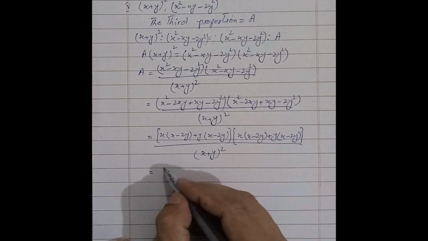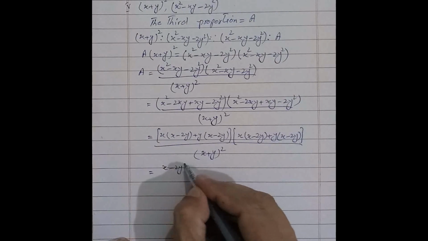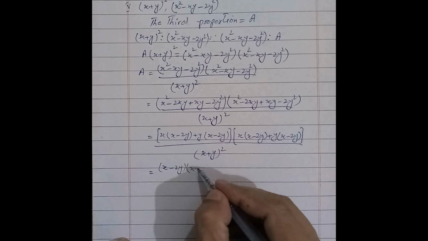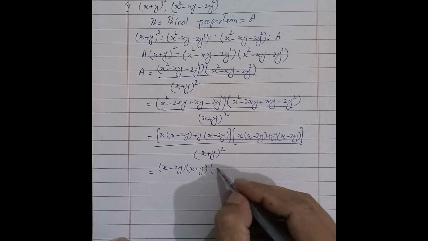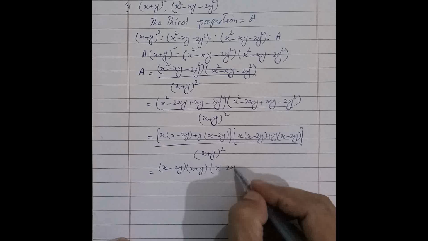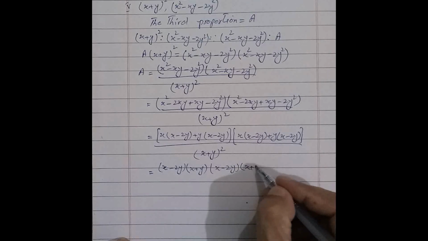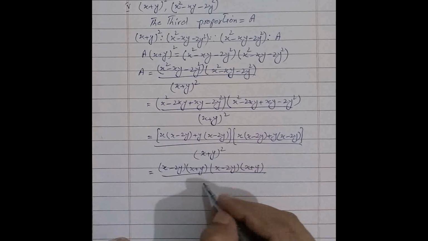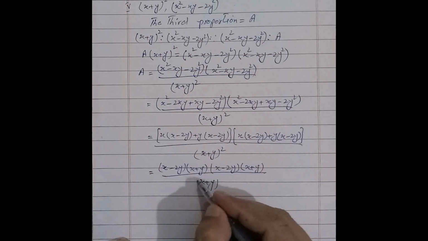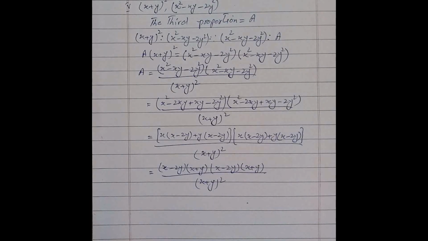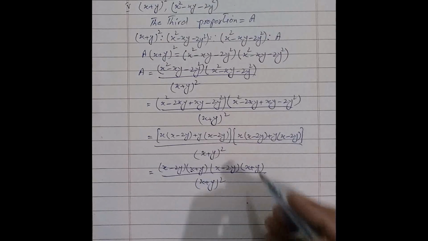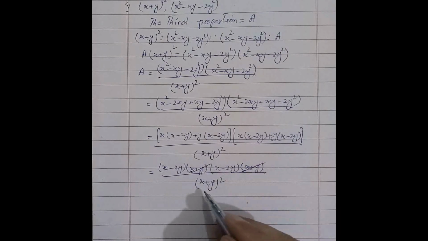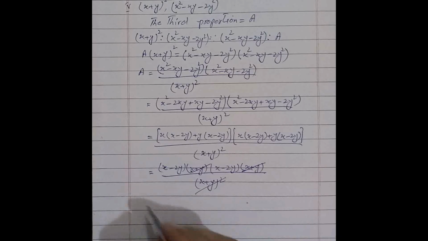Further, by simplifying these values we get (x − 2y) into (x + y), and the other is (x − 2y) into (x + y) over (x + y)². In the numerator, (x + y) and (x + y) cancel with (x + y)².